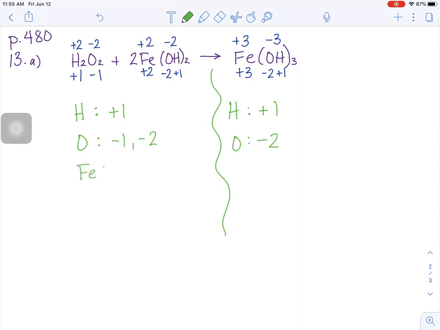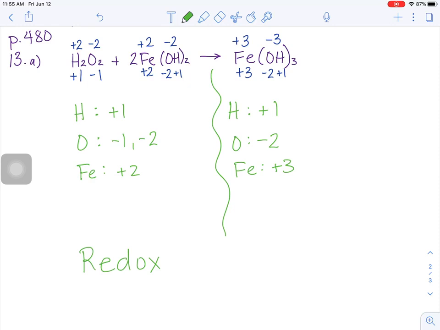We can also look at iron though, which is a +2 in the reactants and a +3 in the product. So that also shows a change in the oxidation numbers. So this reaction is a redox reaction because there was a change in oxidation numbers.